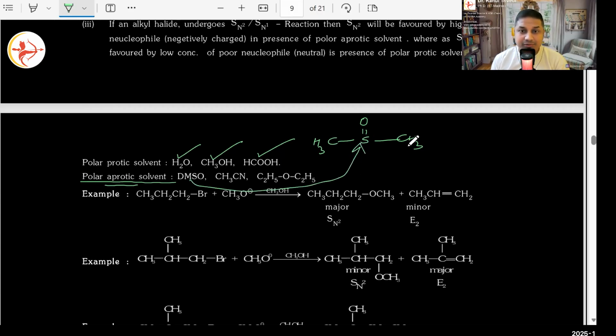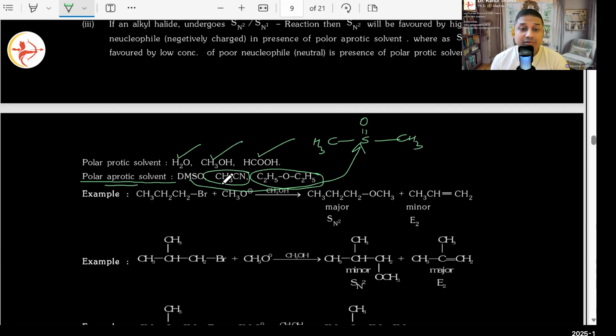So all these types of scenarios, even in case of CH3CN or in case of ether, or even thioether, are the ones where oxygen is not directly connected to an H+. Do you see oxygen connected to H+ here?